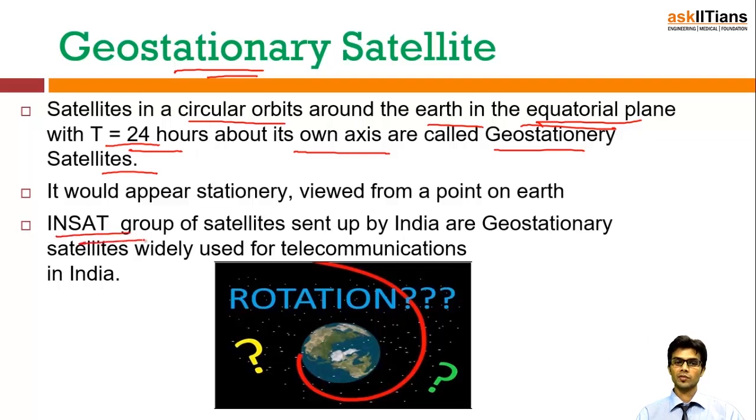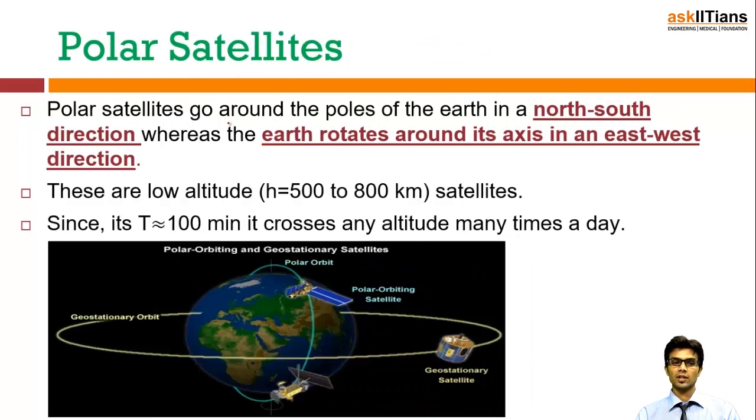INSAT group of satellites is an example of a geostationary satellite widely used in telecommunication in India. Polar satellites go around the poles of the Earth in a north-south direction, whereas Earth rotates on its axis in an east-west direction.